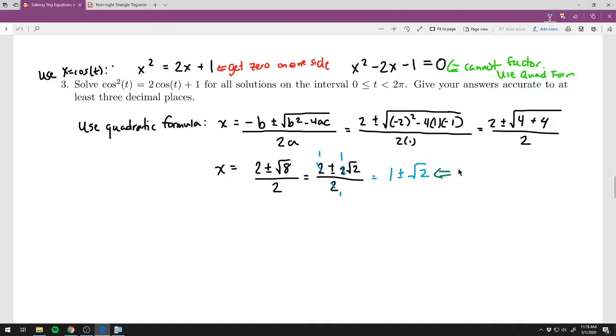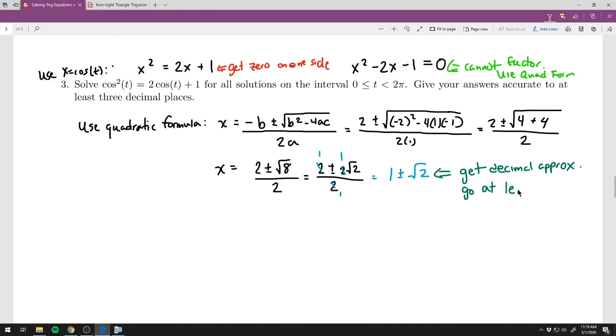Now what you really want to do here, since we're not done solving, and this is going to end up being cosine of t equals this number, is get the decimal for each of these. Since our answer has to be to at least 3 decimal places, I would go at least 2 or 3 spots further than the answer, because we're going to do a lot with this number.